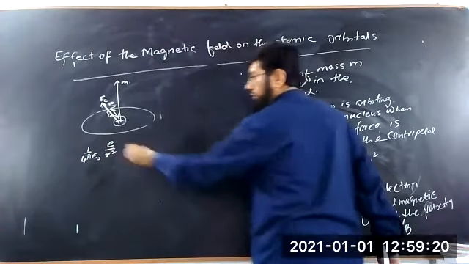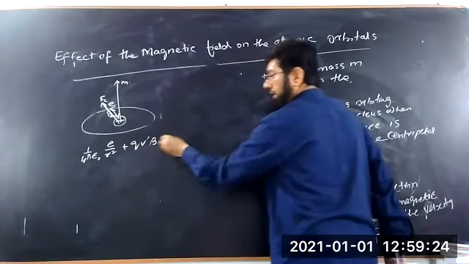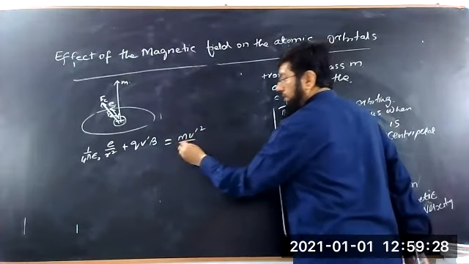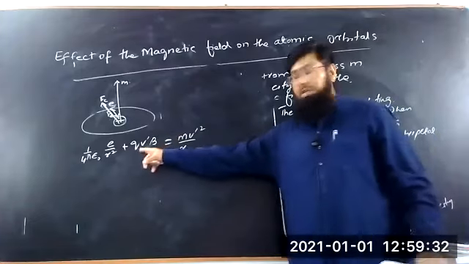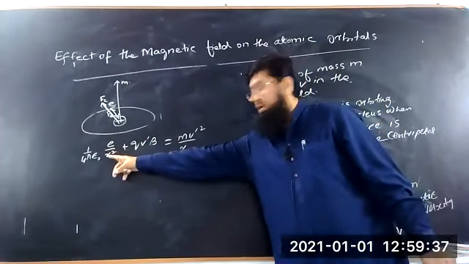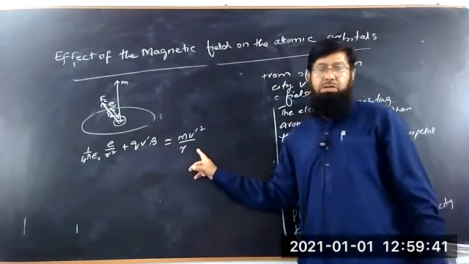This is the Coulomb force, plus magnetic force QV dash B is equal to the centripetal force mv dash square upon R. So now, in the case of the external magnetic field, the total force will be the electrical force plus magnetic force is equal to the centripetal force.